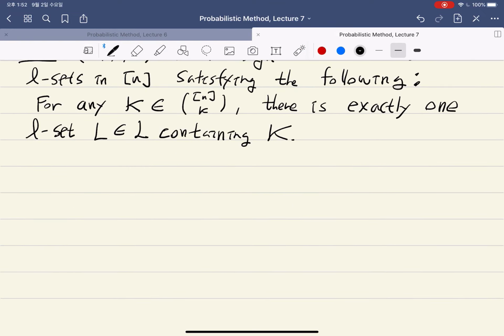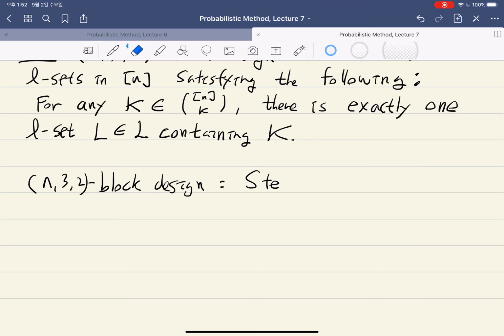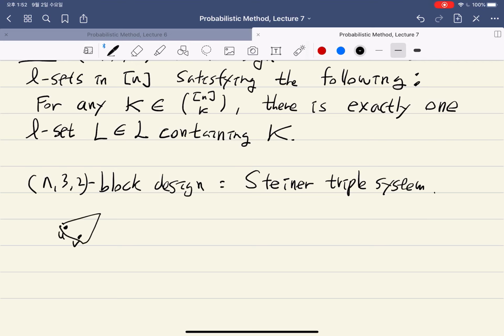For example, if you consider the (n, 3, 2) block design, it's called the Steiner triple system. What it means is that for any pair, there exists one set of size 3 which exactly covers this one.